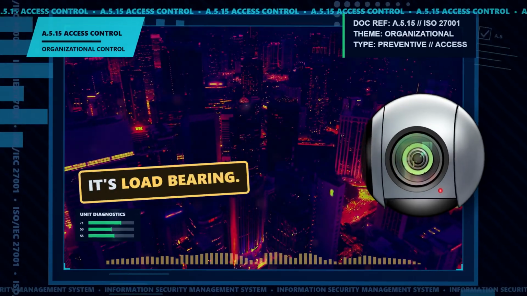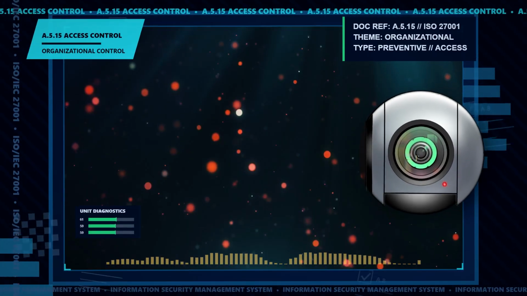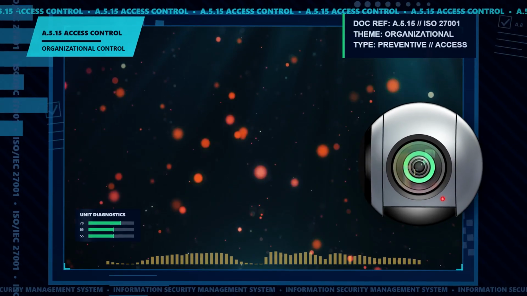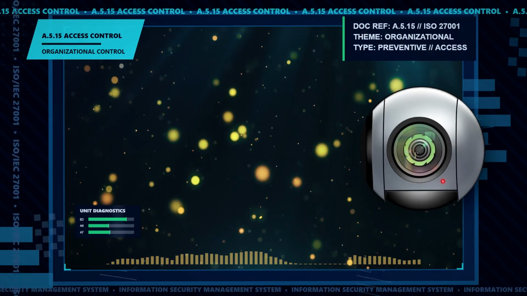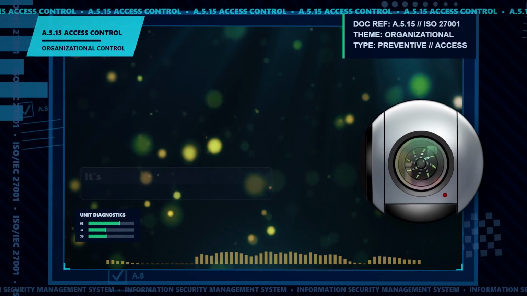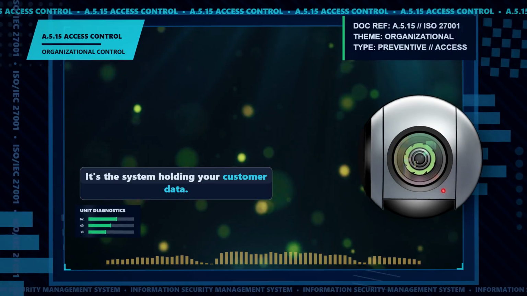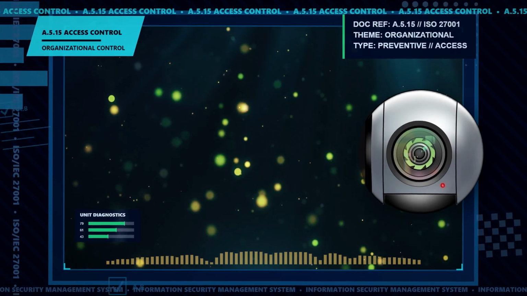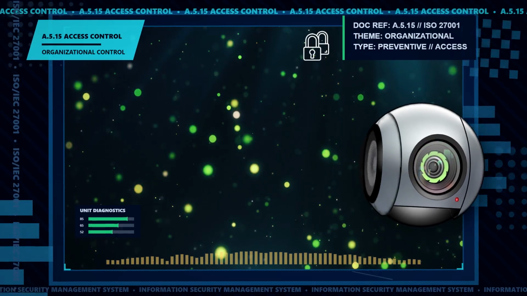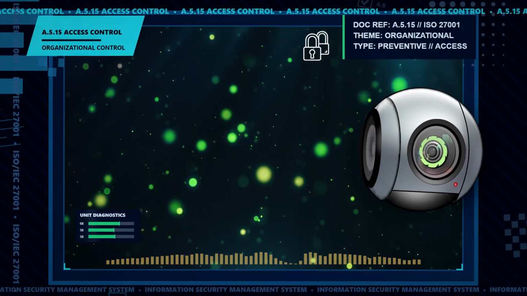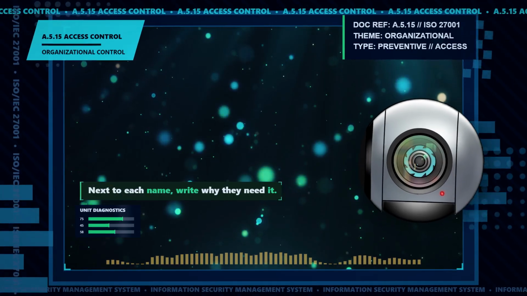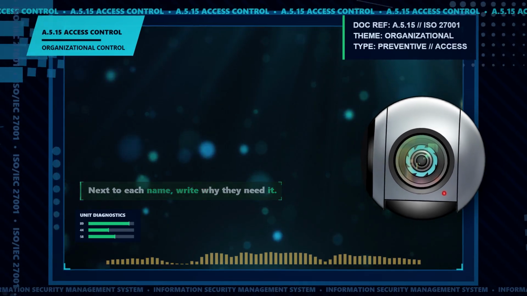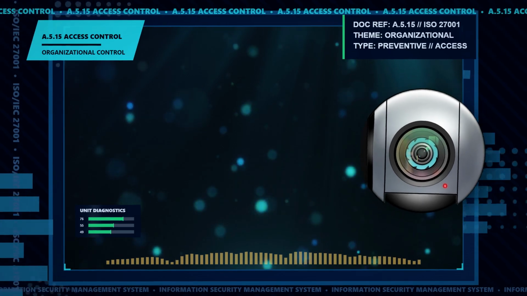It's load-bearing. So here's my dare, and it's cheap and it takes 20 minutes. Pick your most sensitive system, the one with the customer data in it. Right now, today, list every single account that has administrative access to it, not from memory, from the actual system. Then, next to each name, write one sentence explaining why that person needs it for their job.